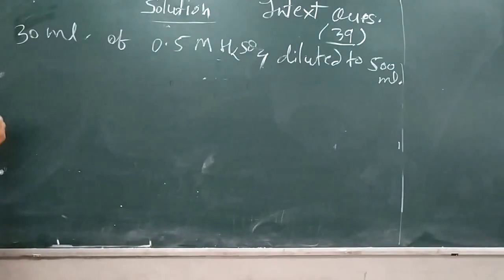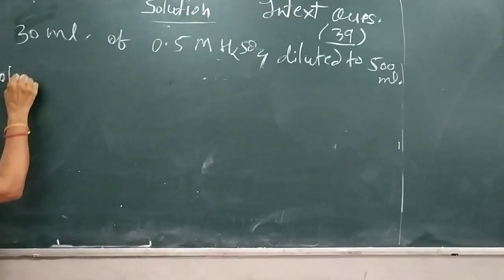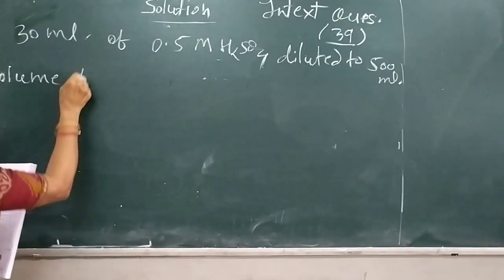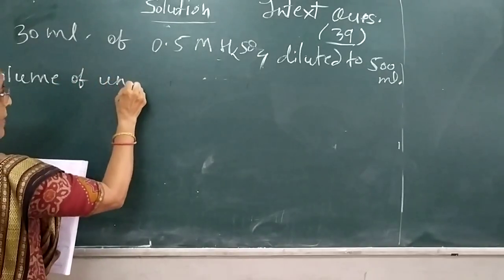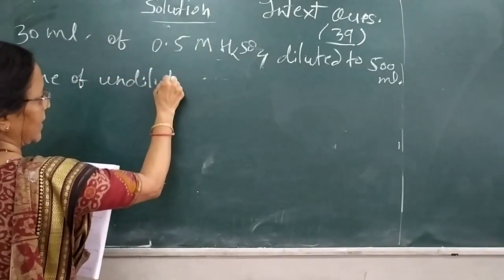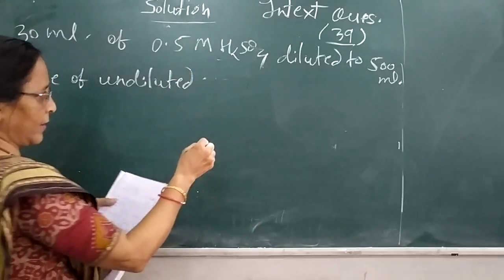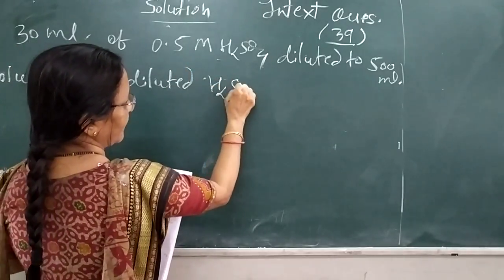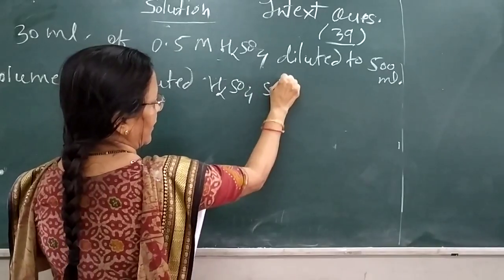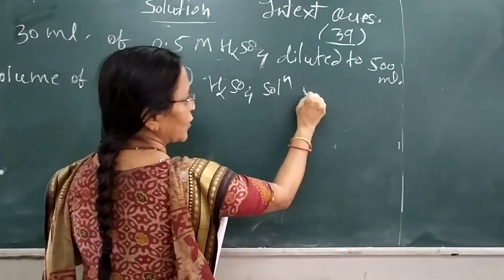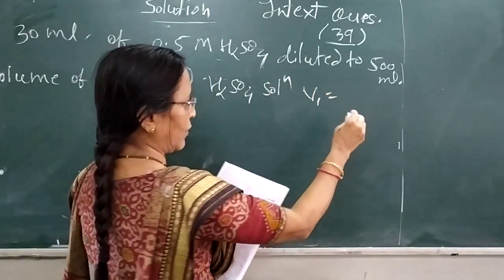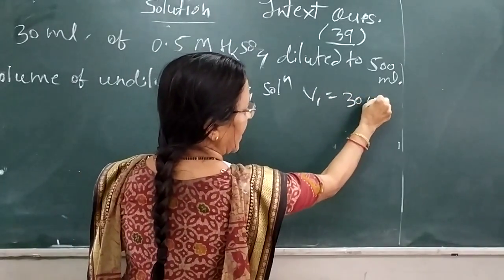First we will write the volume of undiluted H2SO4 solution, V1 is equal to 30 ml.